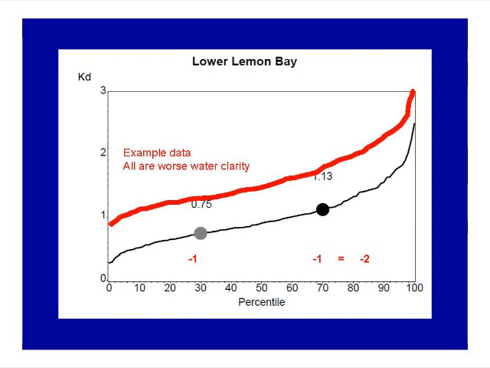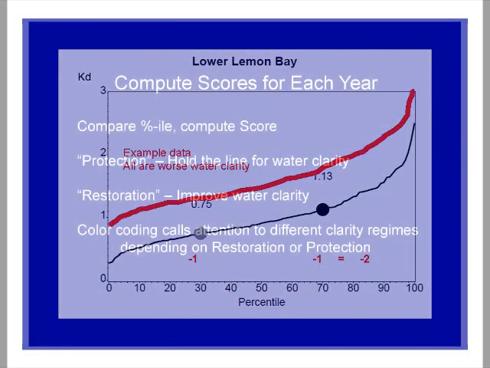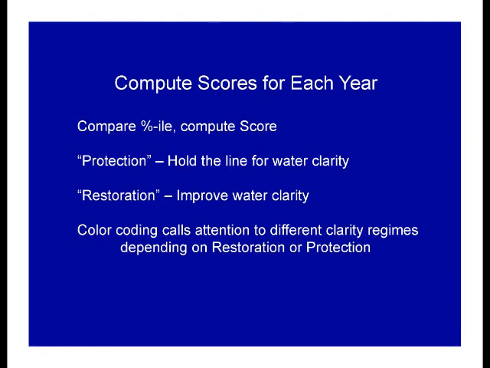This one also is a score of -1. And the sum of these two scores gives us a total overall score of -2. And then if your water quality is better, you would get a +1. That kind of thing. So for each year, we're going to compute that numeric score. In that example, it was a -2.